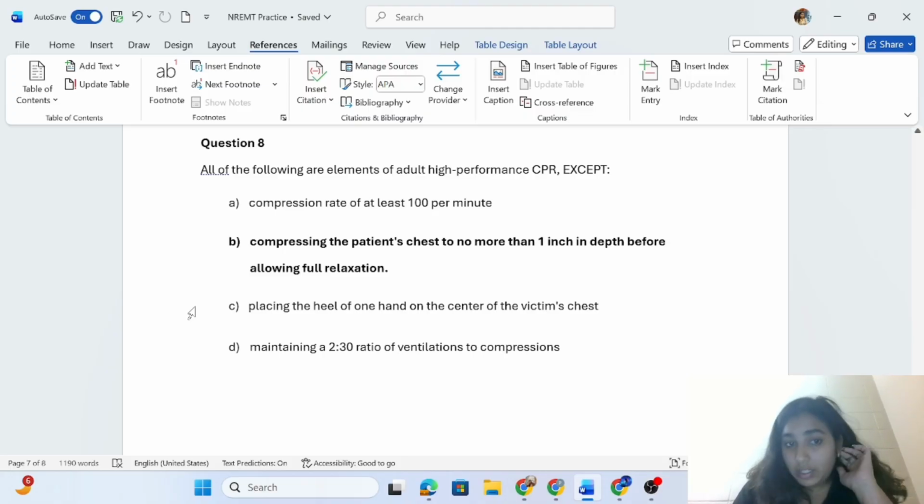And the B option, compressing the patient's chest to no more than 1 inch in depth before allowing full relaxation. Okay, so the answer is B. Let me get an explanation for you guys.